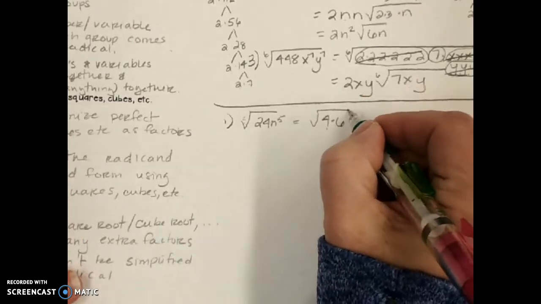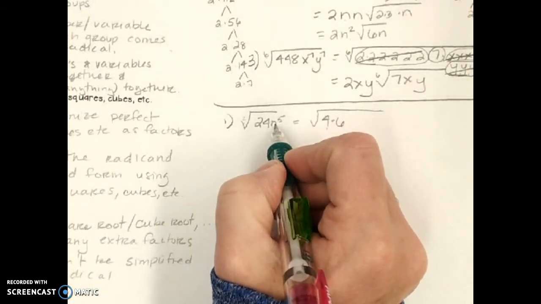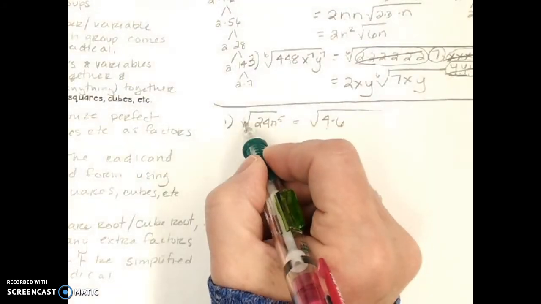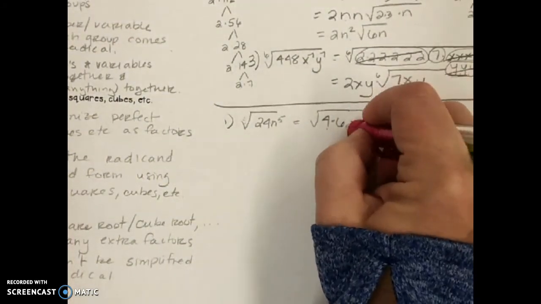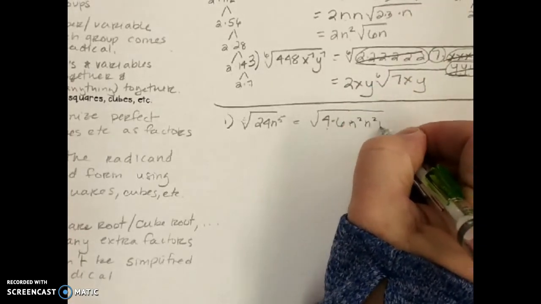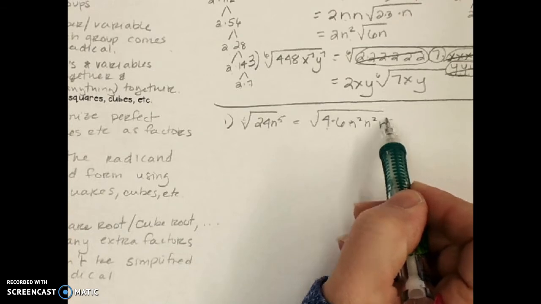And then as far as your variables go, here's the easiest thing that I know to do. Break them up in groups of whatever your index is. So I have an n squared, and an n squared, and an n to the first, because 2 and 2 and 1 is going to give me 5.